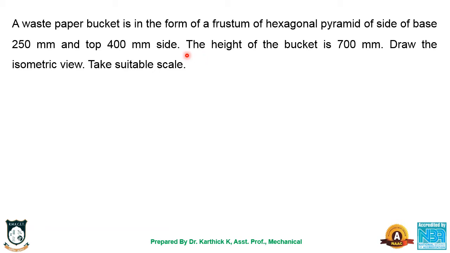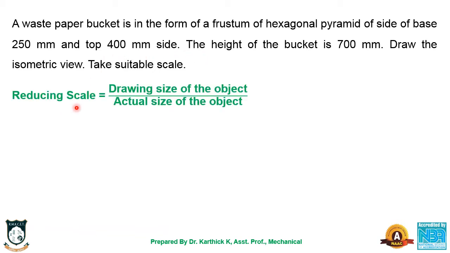You know the formula. Reducing scale is defined as drawing size of the object divided by actual size of the object. These are the actual sizes: 250, 400 and 700. So first I will take this 250 mm, that is actual size, but I am going to reduce the 250 into 25.